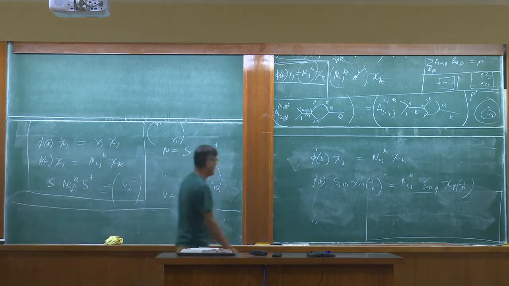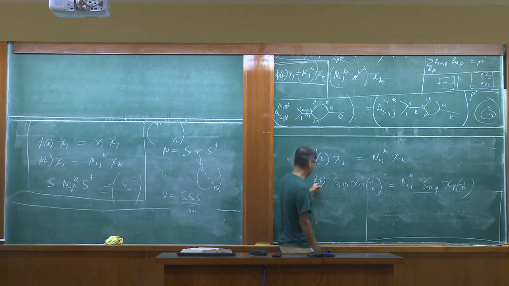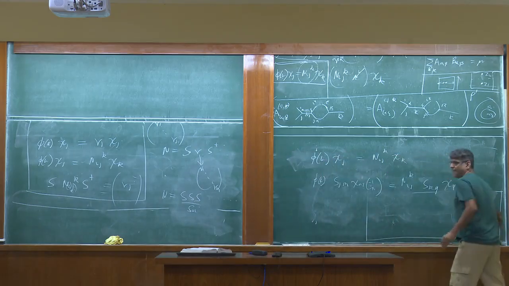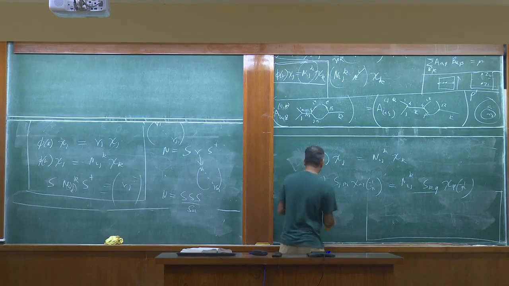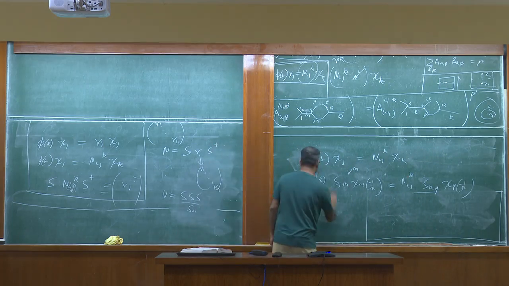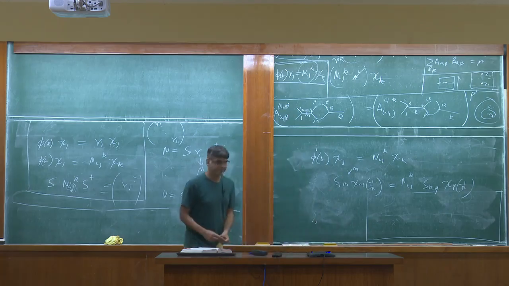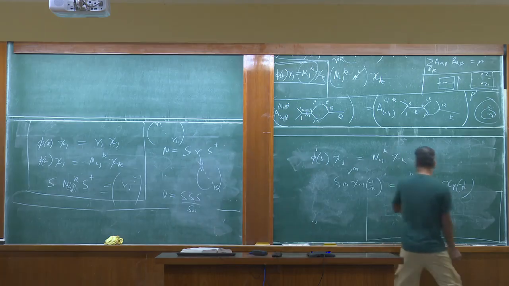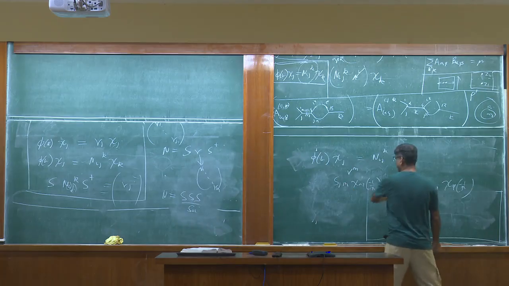Now phi b acts on this guy diagonally. So phi b on this just gives us a gamma m. So the action of this on phi b is a gamma m. And now let's write it the other way.